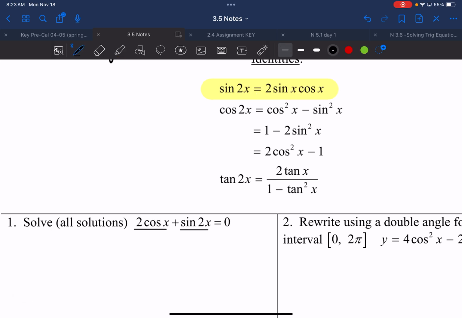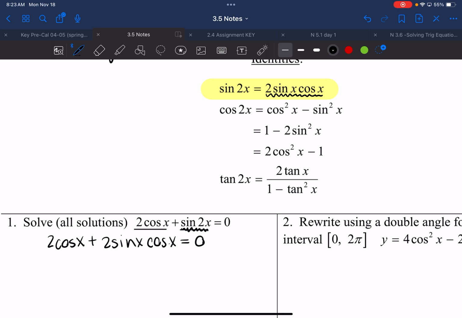So I'm going to have to keep the 2 cosine of x. Nothing I can change about that. But I can replace this sine of 2x with what they said sine of 2x was equivalent to, which is 2 sine x cosine x. And this is supposed to be set equal to 0, right?